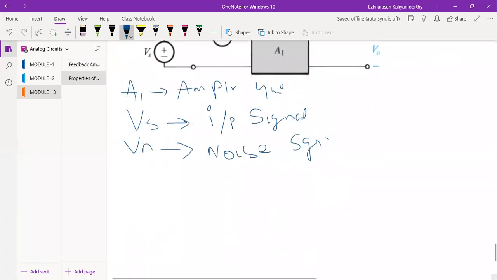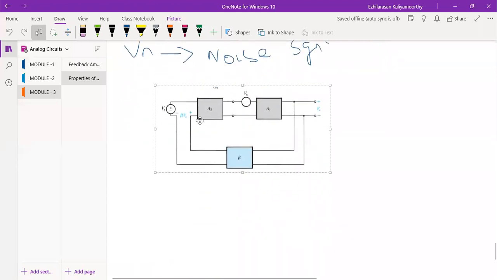Now let us assume that we are going to add noise to the previous figure.